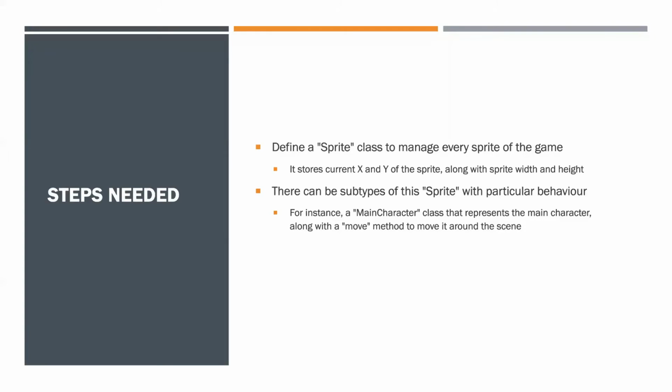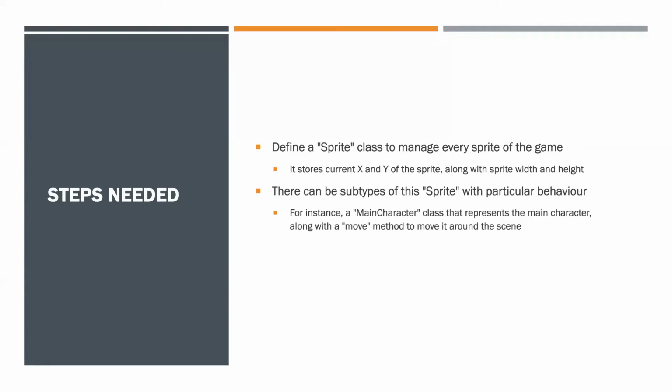To do this, we are going to define a sprite class that is going to store the sprite image, in this case the bear image, along with the current x and y coordinates. Besides, there can be subtypes of this sprite with a particular behavior.